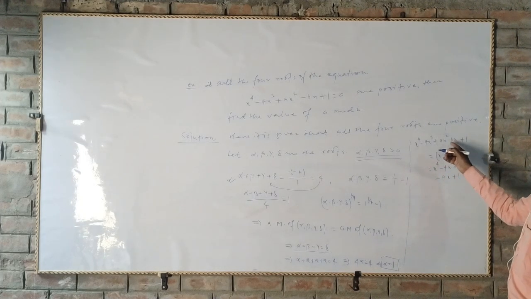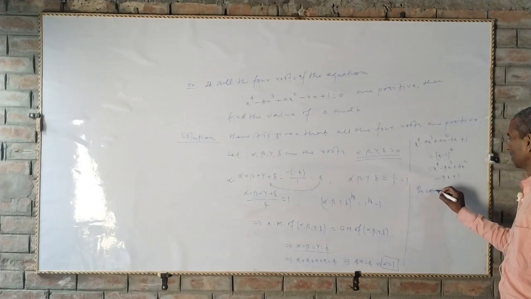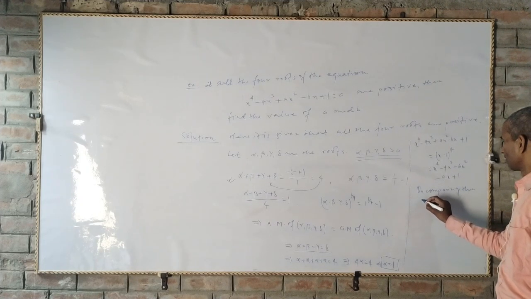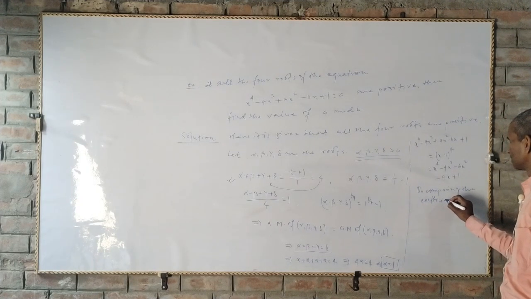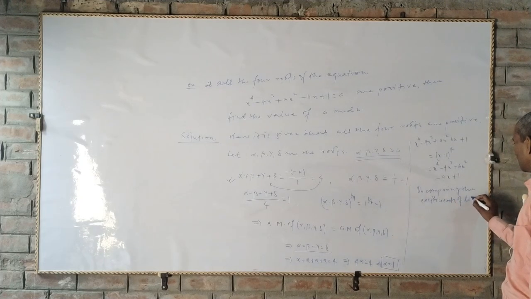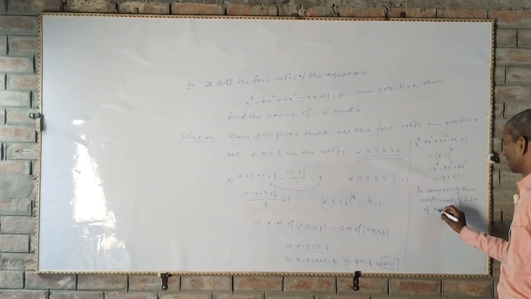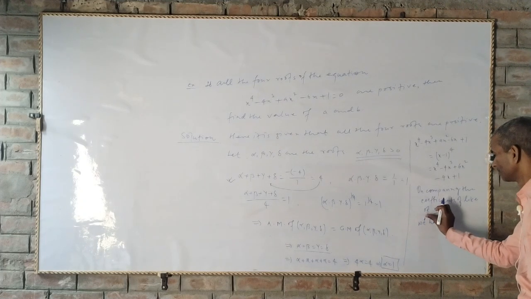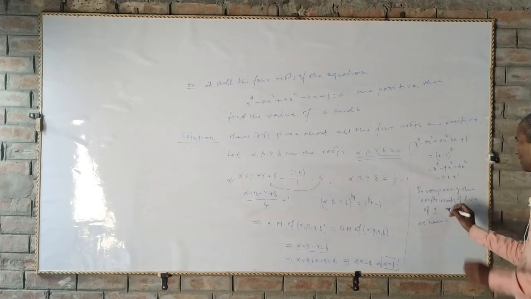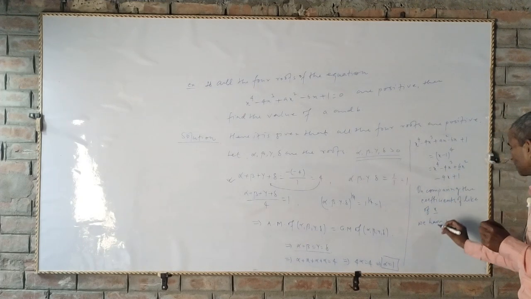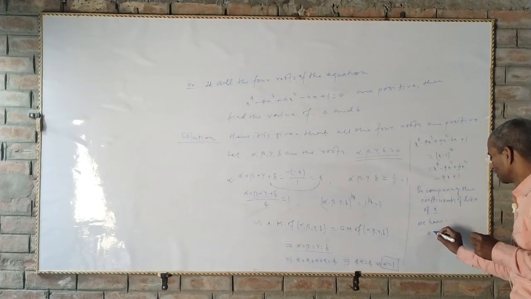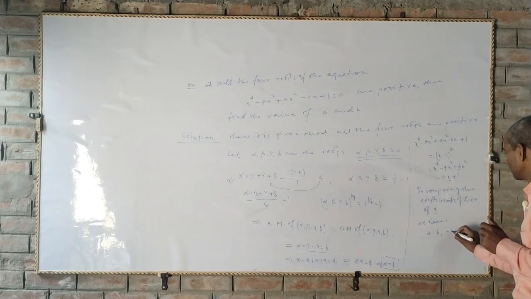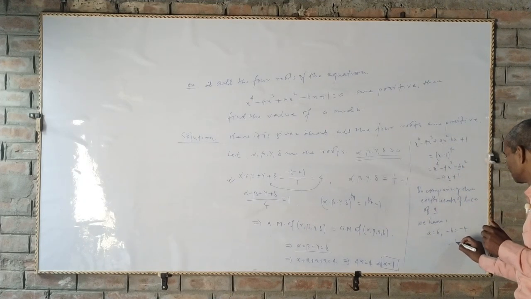So now comparing the coefficients of like powers of x, we have: the coefficient of x square is 6, so a is equal to 6, and the coefficient of x is equal to -4, so minus b is equal to -4, that is, b is equal to 4.